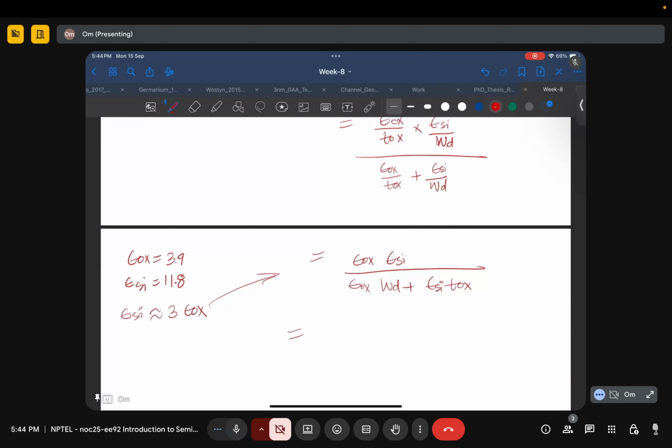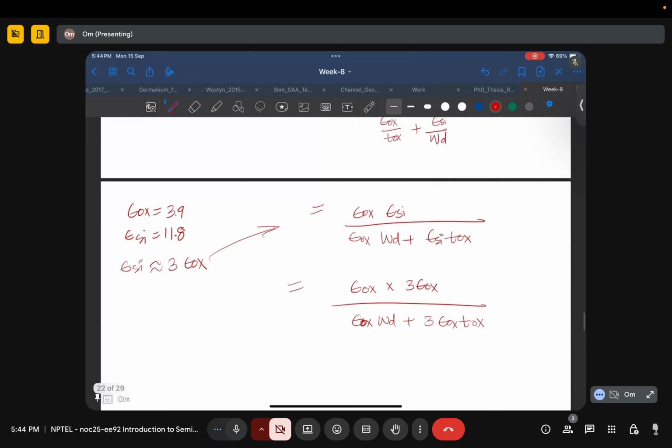What we get is epsilon ox into 3 epsilon ox upon epsilon ox WD plus 3 epsilon ox Tox. Cancel epsilon ox. So we get 3 epsilon ox by WD plus 3 Tox.